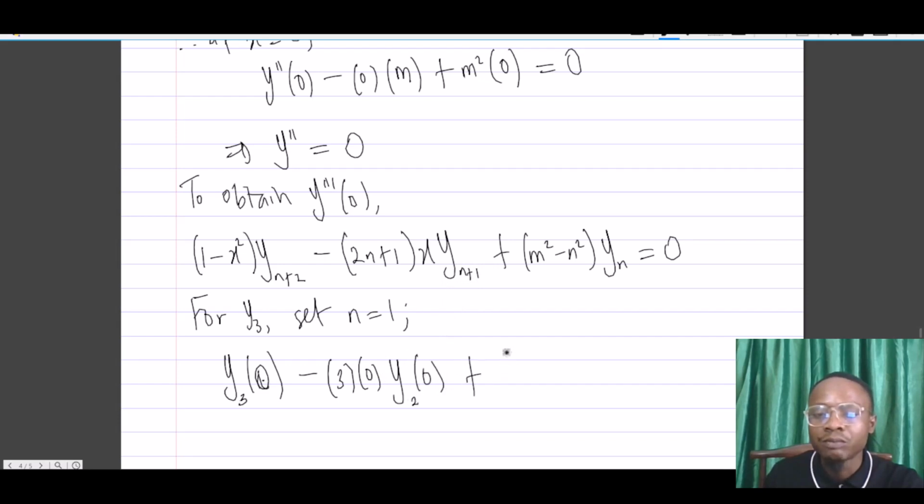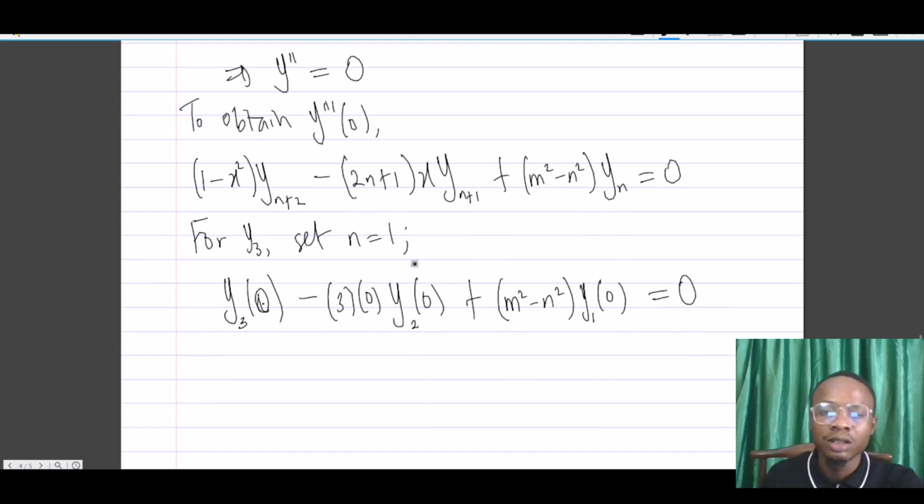Then plus (m squared minus n squared) into y sub n, that will be y sub 1 at 0. All of this should be equal to 0. Obviously this term is 0 since we've multiplied it by 0.